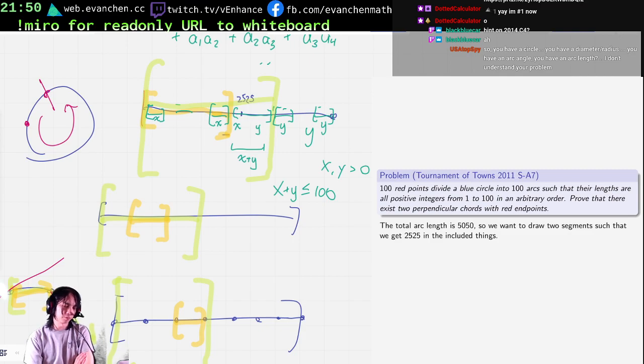That's the sum of all the integers from 1 to 100. And you've drawn red points on the circle such that the arc lengths are in the ratio 1 to 2 to 3 to ... to 100 in some order. So you have the circle and there's 100 points marked on it and the arc lengths are as promised. And then you want to draw two perpendicular chords using those points. That's what the problem is asking.